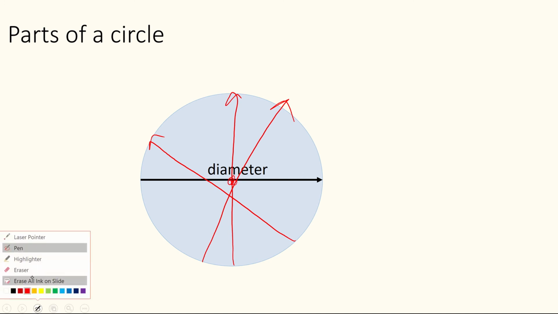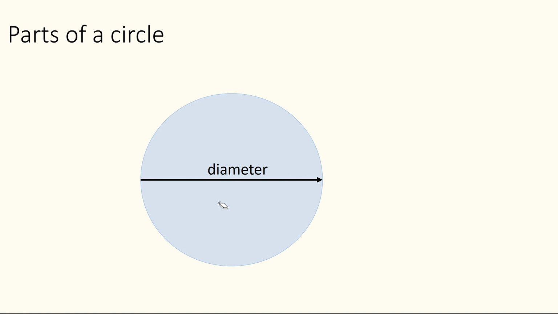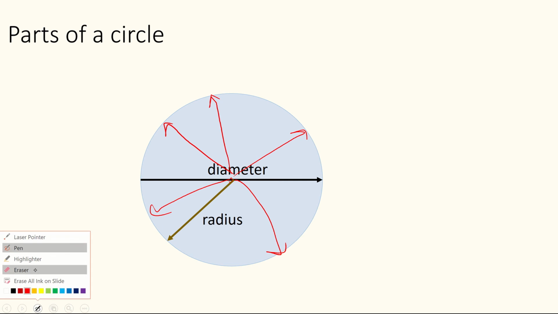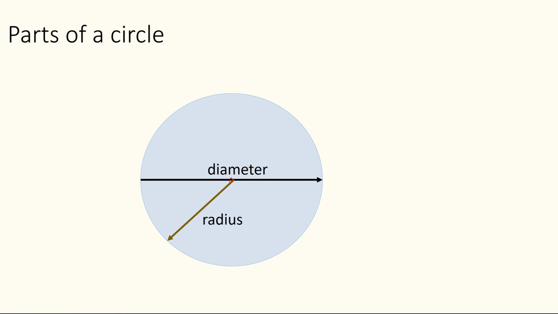Didn't draw that very well, but it could be any of those. The radius is exactly half the amount of diameter. It goes from the middle to the outer edge. So from the middle, I could draw the radius like that, or like that, or like that. It's always half of the diameter.